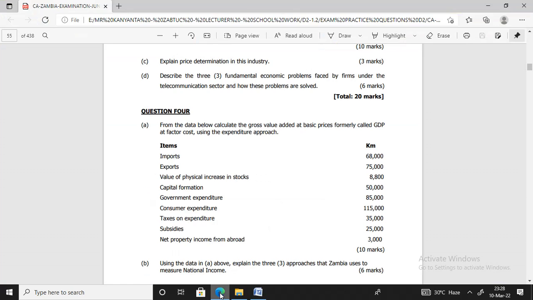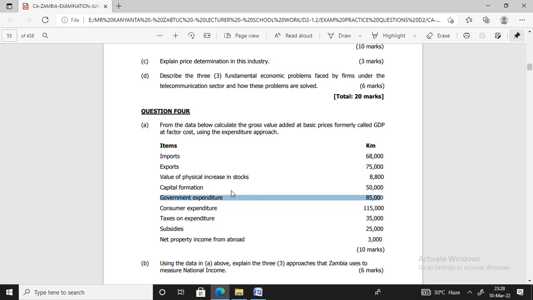Let's get back to the question. So we need consumption expenditure, and we are given consumption expenditure there. That's the 115,000. We need government expenditure. We've been given government expenditure there. That's the 85,000, if you can check it there. Then we need investment expenditure.